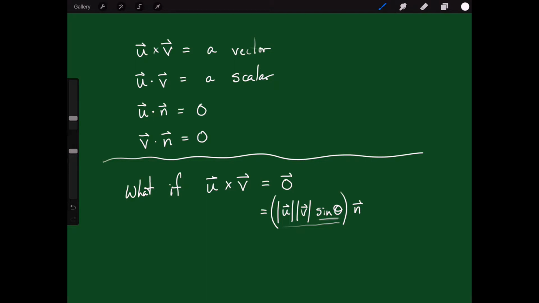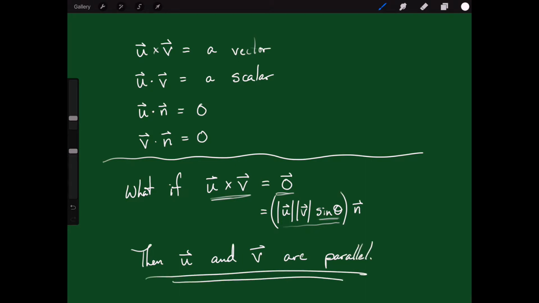So if u cross v gives you the 0 vector, then u and v as vectors are parallel. So that's a nice little result of the cross product, is if you cross two vectors together and get 0, you know that the two vectors are parallel to each other.